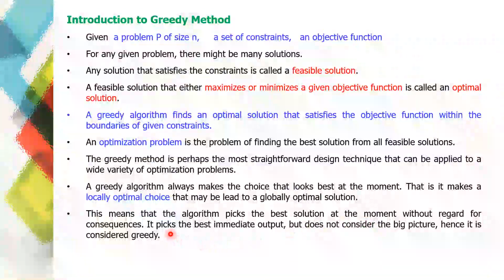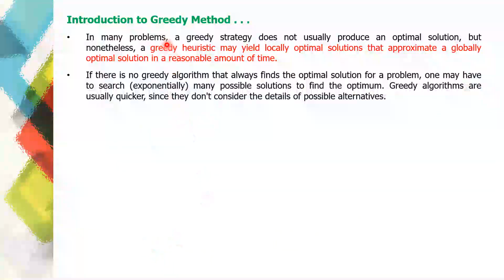So this greedy algorithm picks the best choice at each stage. That is, it makes a locally optimal choice. Hence, it is called the greedy approach. In many problems, the greedy approach does not usually produce an optimal solution. Now you may ask me, if it is not producing an optimal solution, then why are we using the greedy approach?